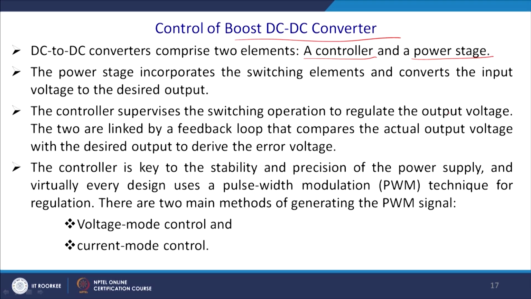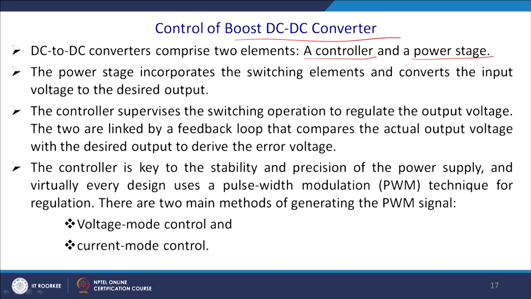The two are linked by the feedback loop that compares the actual output voltage with the desired output voltage to derive the error voltage. The controller is key to the stability and precision of the power supply, and virtually every design uses a pulse width modulation technique for regulation.